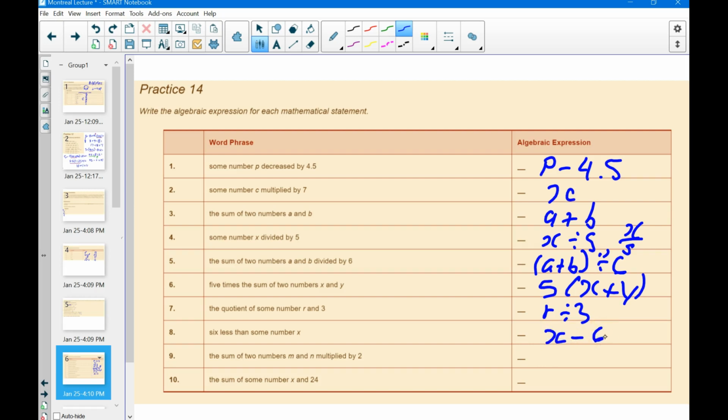The sum of two numbers multiplied by 2, it's going to be 2 outside of m plus n. And sum of some number x and 24, so we just simply x plus 24, and that's it. So basically all it's doing is taking the wording and transferring it into an algebraic expression.